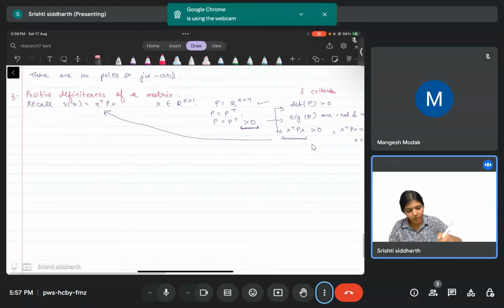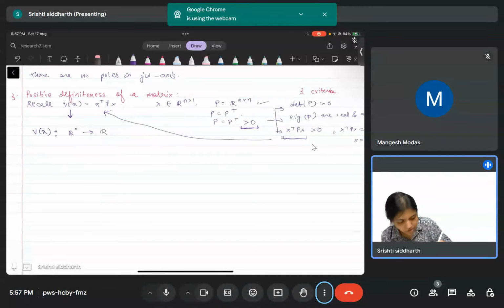So we have this scalar function. V(x) is a function from R^n, that is states from n by 1 vector space, and it gives you a scalar. So when is this function V(x) positive definite?